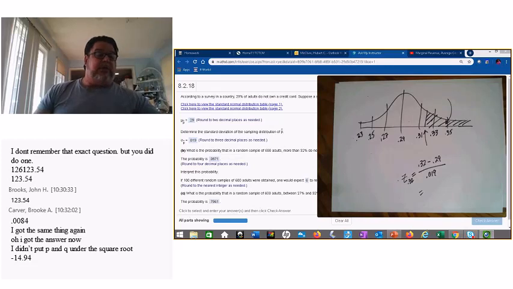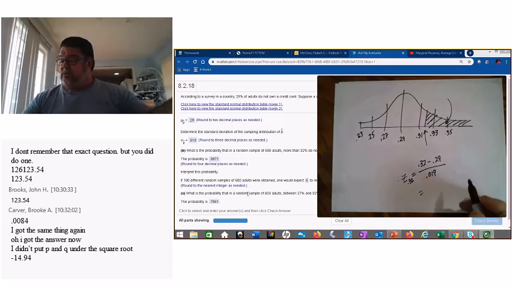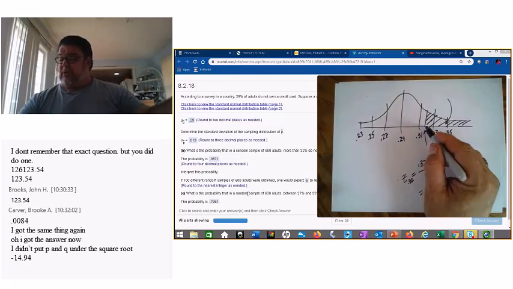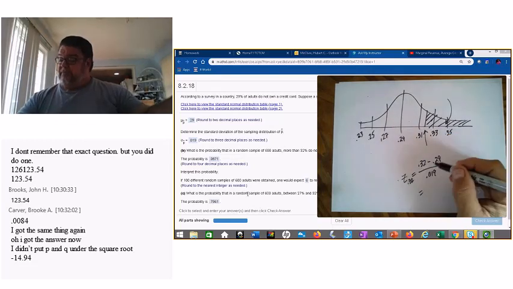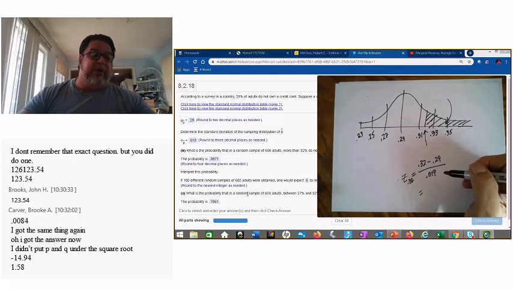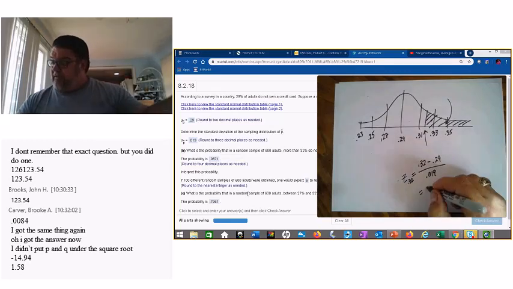Negative 14. Are you sure? Check that one. That's not a negative number. There we go, 1.58.